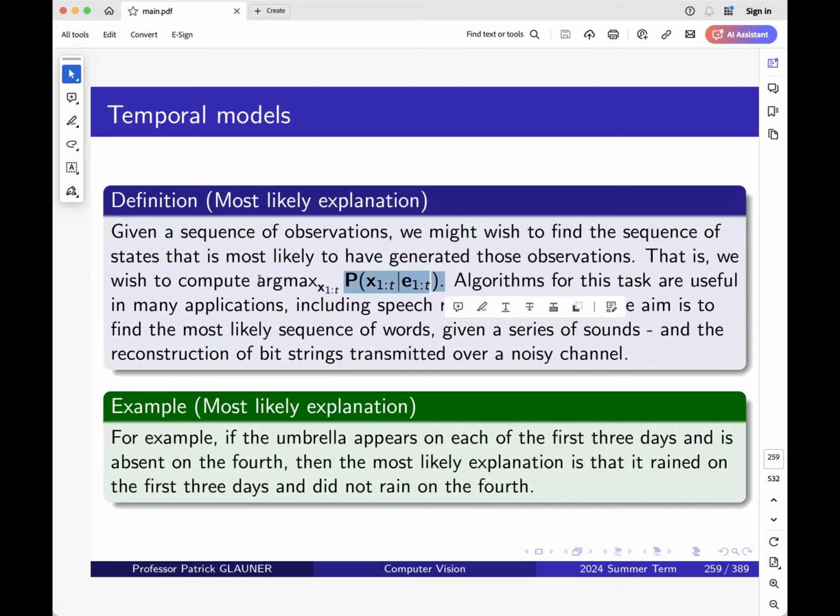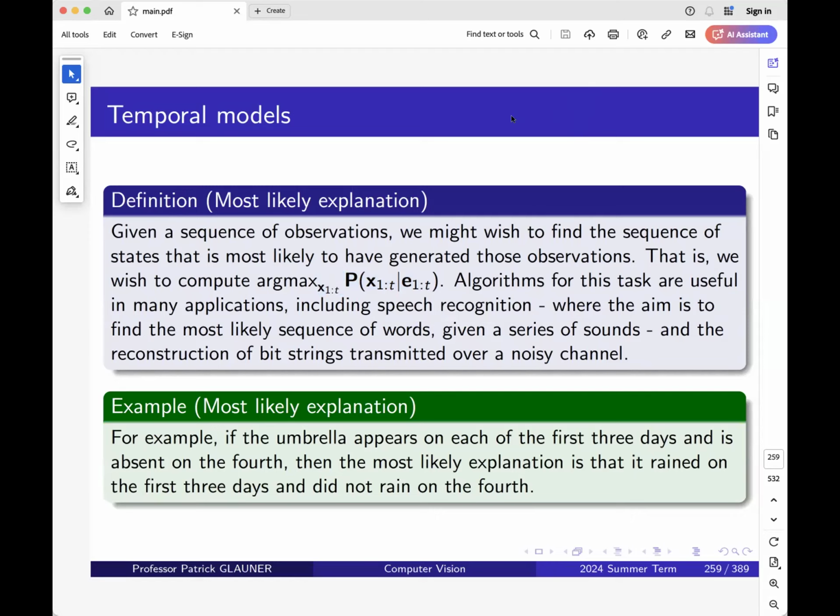I don't care about the maximum value here, rather which input maximizes this. Such algorithms are very useful, for example, in speech recognition, where the aim is to find the most likely sequence of words given a series of sounds.